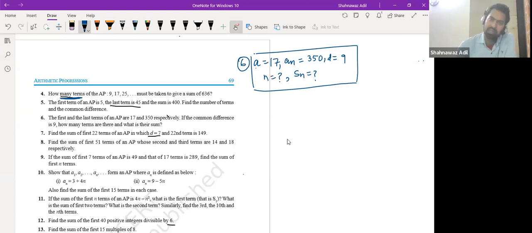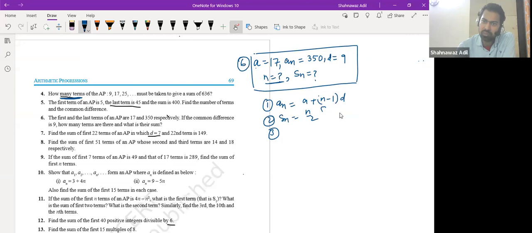Yes. So first we have to find out n. We have three things that we know. One is An, which is A plus n minus 1 d. And then we have Sn, which is n by 2, 2A plus n minus 1 d.